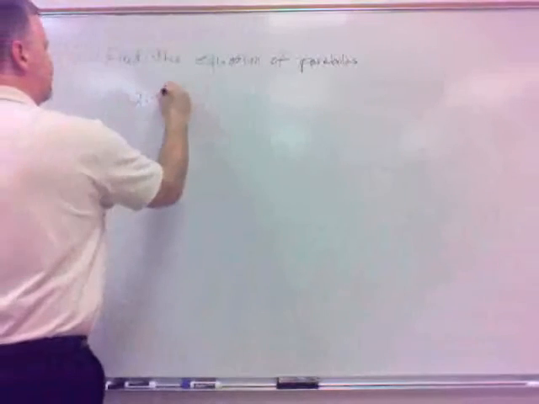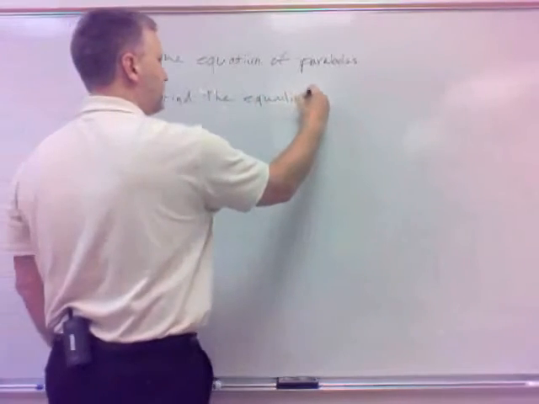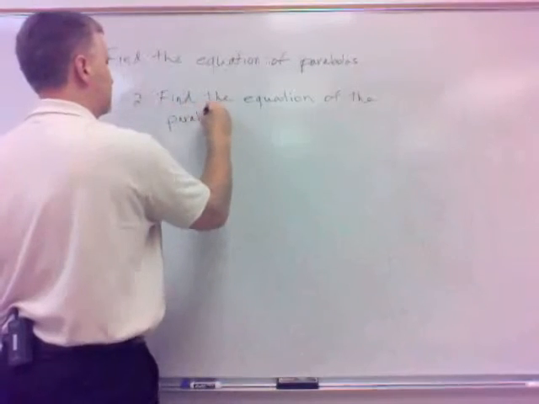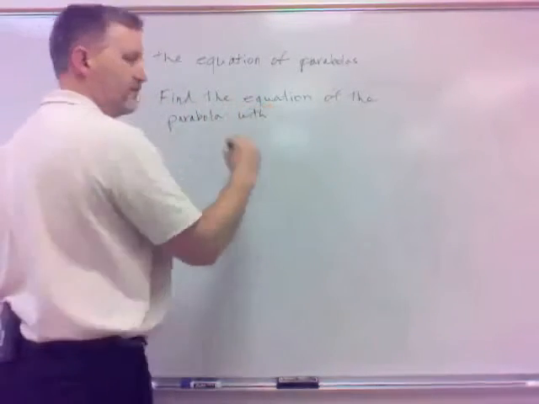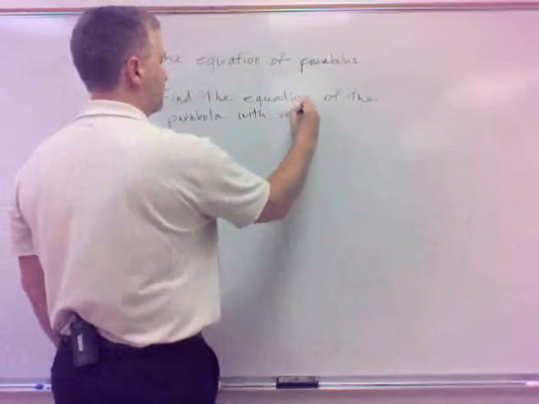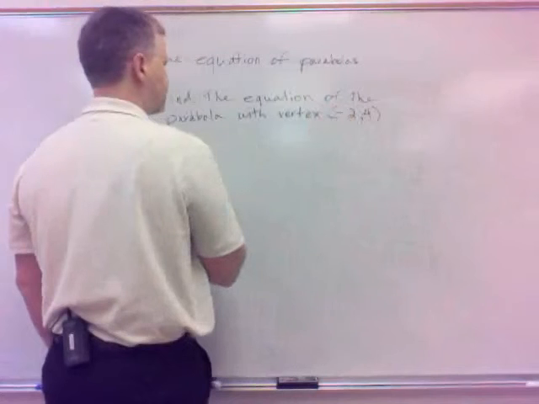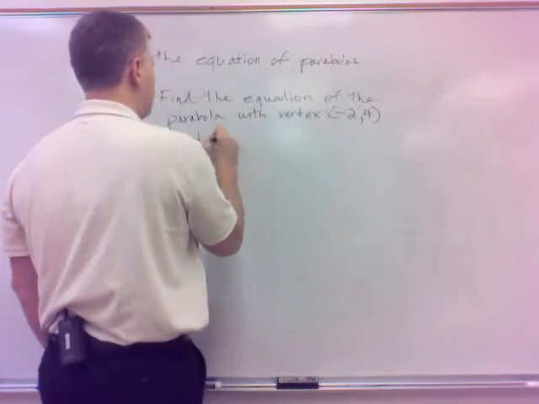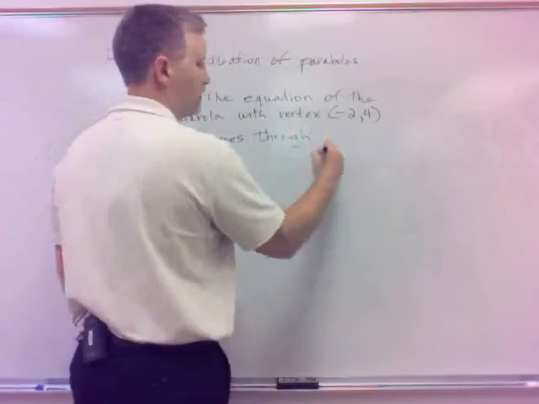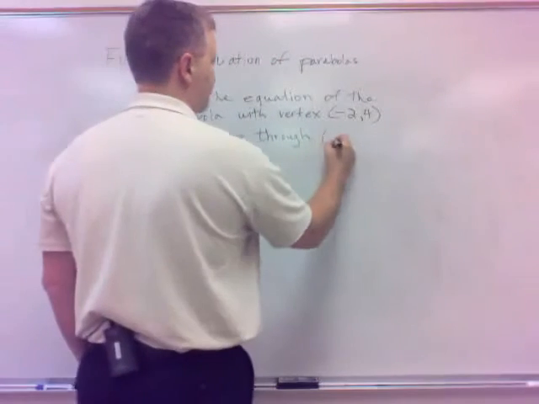Number 2, though. What if I wanted to find the equation of the parabola with vertex negative 2, 4, that goes through 2, 8?